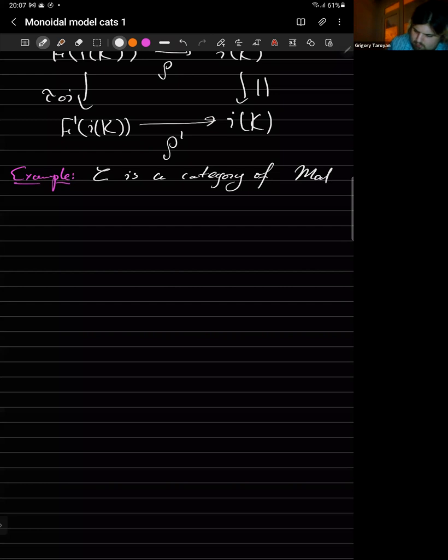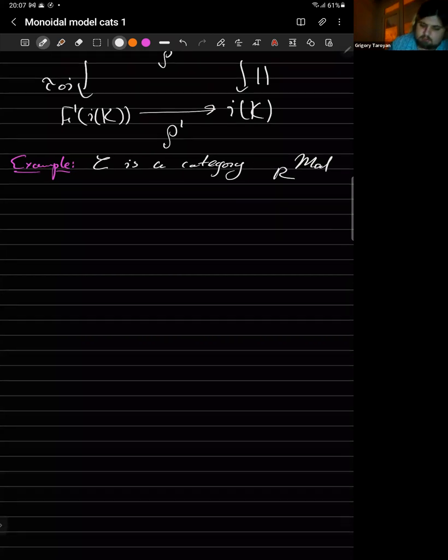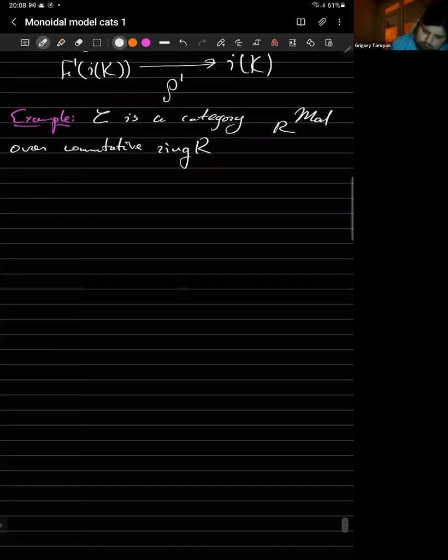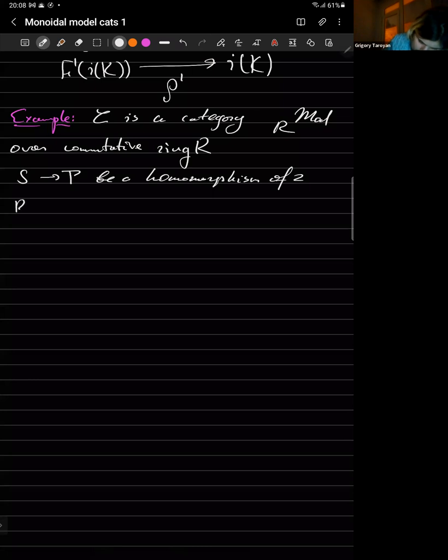Just let me denote it like this, over a commutative ring R. And let S to T be a morphism of two R algebras.